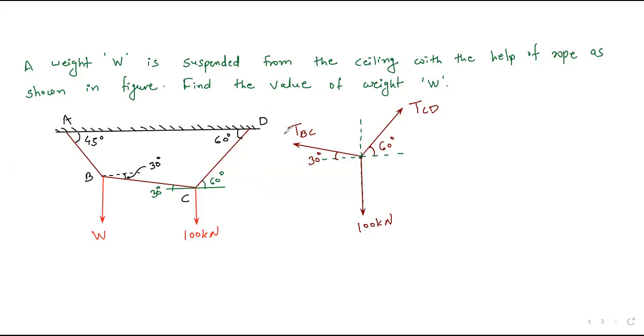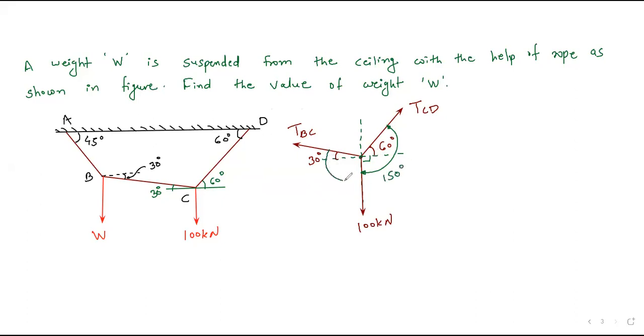So now you need to find out the angle between all the forces to use Lami's theorem. If I find all the angles, see this total angle, how much is it? This is the angle between the two forces. This is 60 and this angle is 90 degree, so this total angle will be 150 degree.